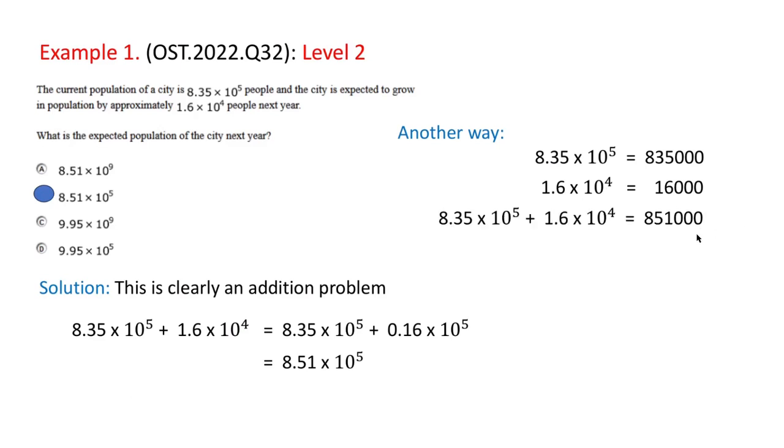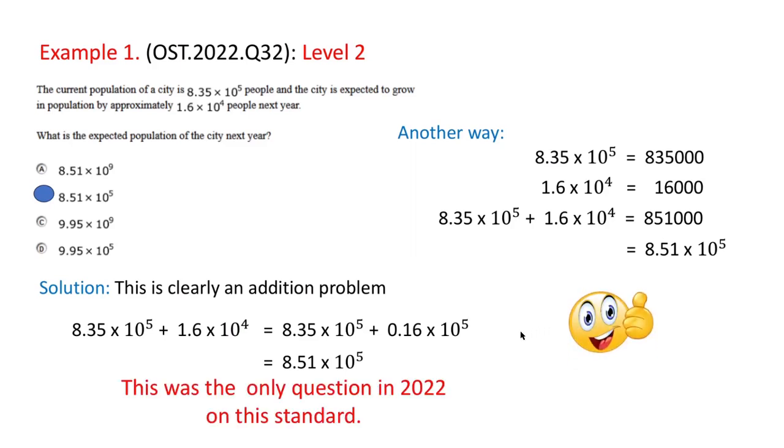Add them, and then you have to go back and see what this is in scientific notation. So you have a decimal point here, 1, 2, 3, 4, 5. 10 to the power 5. Okay? This was the only question in 2022 on this standard.